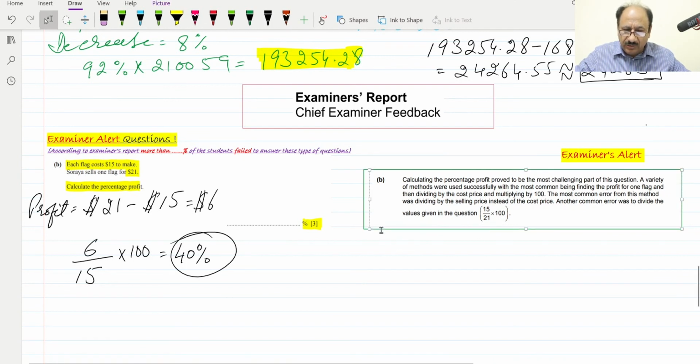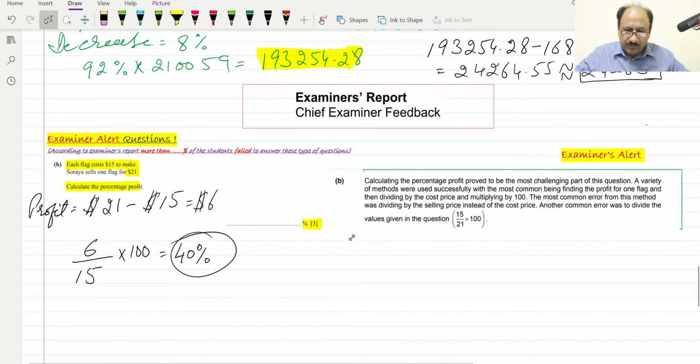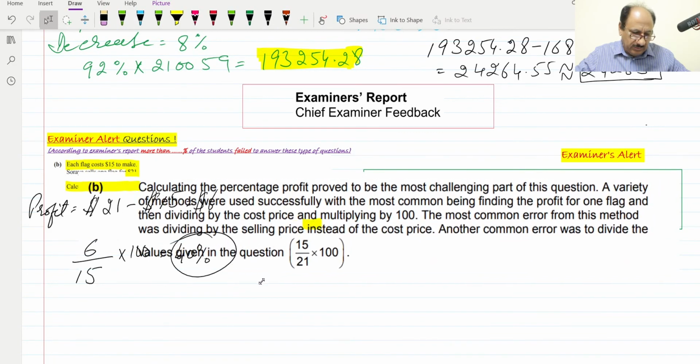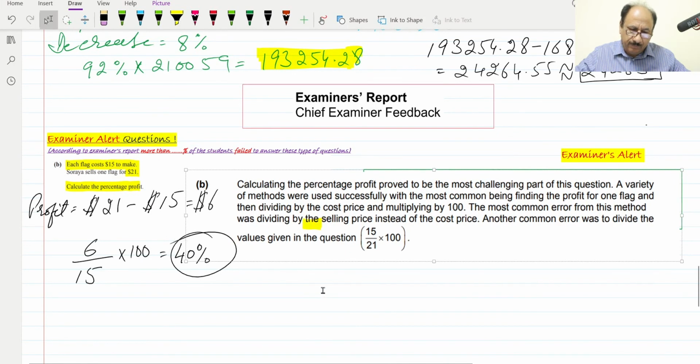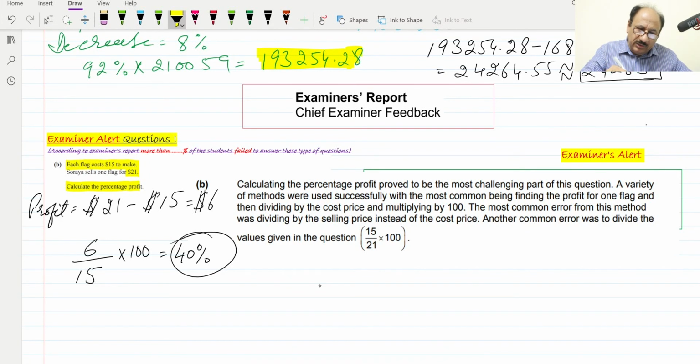If I increase the size so that you can properly see it, this is the examiner's report, and the examiner's report is saying: Calculating the percentage profit proved to be the most challenging part of this question.